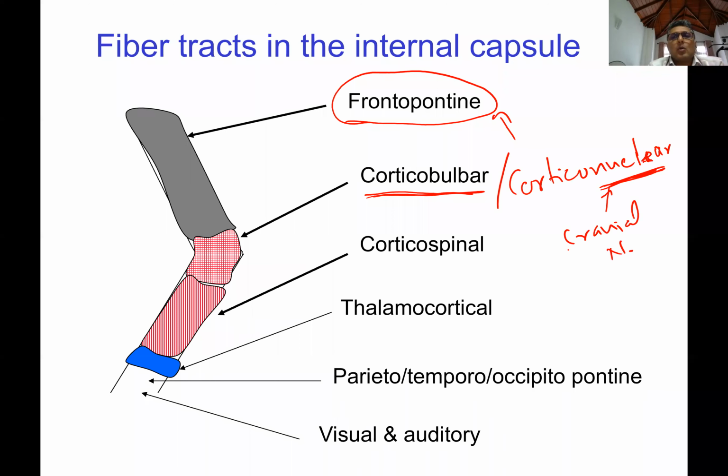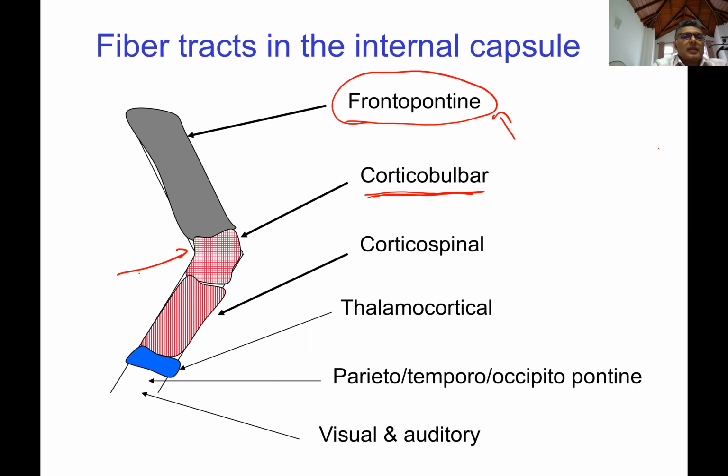Cortico means the cortex. These are motor fibers, so it's the motor cortex. So corticonuclear means from the primary motor cortex, or the precentral gyrus, to the cranial nerve nuclei. That's why I said you can call it corticonuclear as well. Now these motor fibers will occupy the genu of the internal capsule.